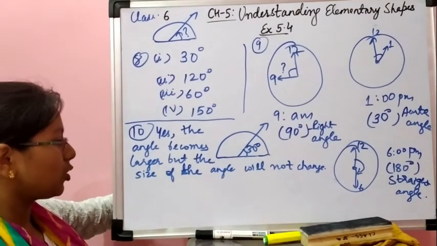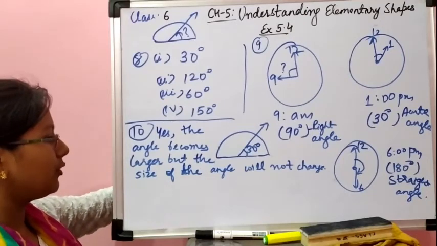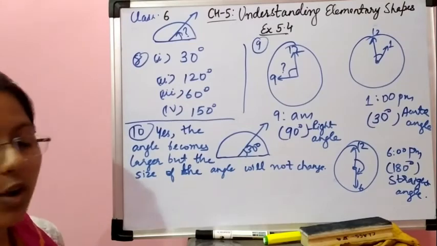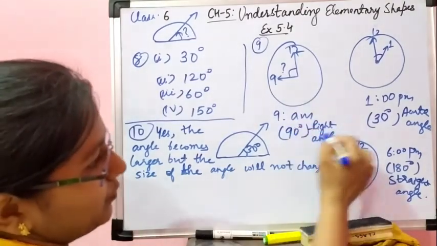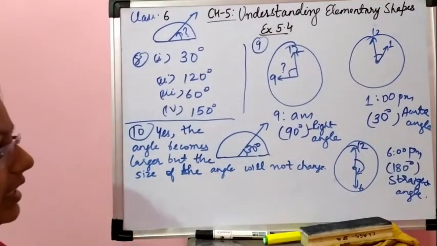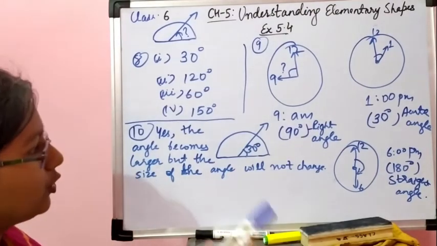Now next question is question number 11. Measure and classify each angle. This question you have to do by yourself. Okay, you have to measure all the angles by using protractor like this. Measure it and then you have to classify it. And its answer I will share with you in the group when you do it.